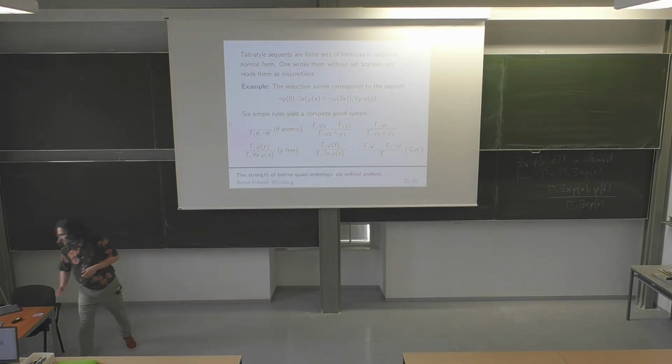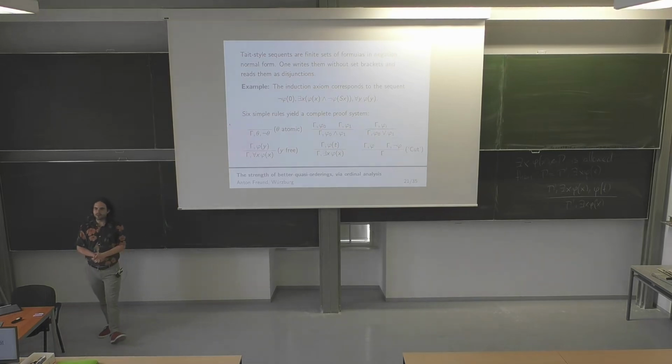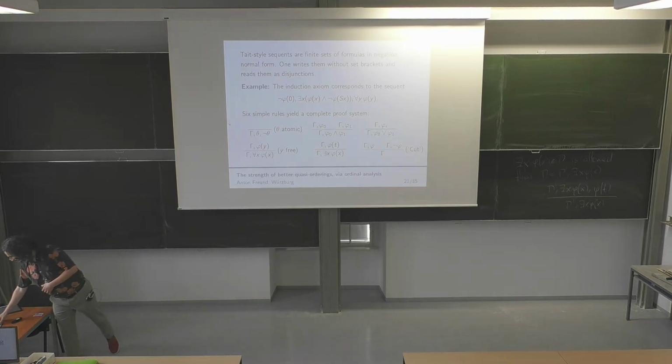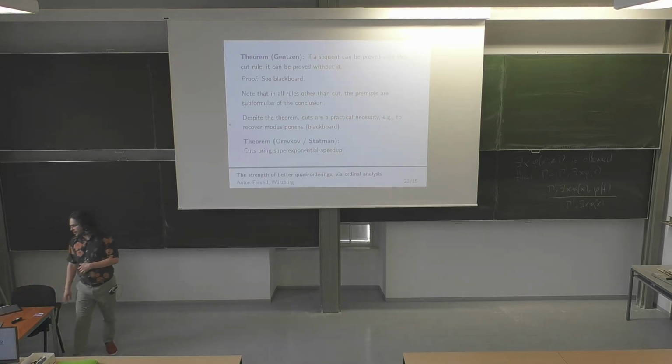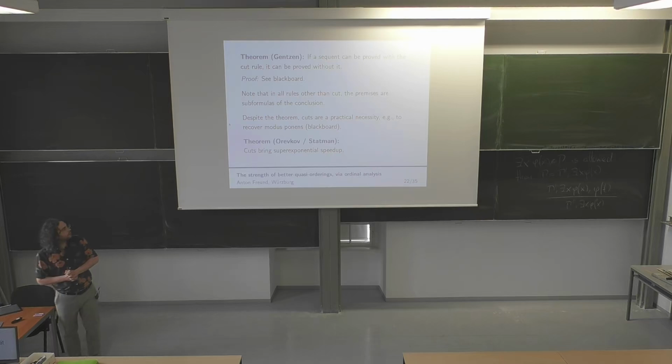And so what that means is that if you know the quantifier complexity of the statement that is proved at the root of your proof tree, then you have a bound on the quantifier complexity of all the formulas that can occur in your proof, but not if the cut rule was present. So that's why it's important to eliminate cuts. Okay, so let's maybe prove this cut elimination theorem.